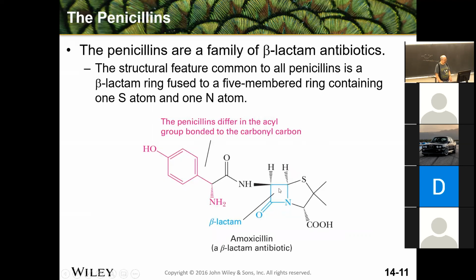And here is the beta-lactam ring. What happens here is a 4-membered ring is under strain. This carbonyl is electrophilic, so amino groups on the bacterial proteins will attack this carbonyl group, open up the ring, and this deactivates the enzyme that is used to synthesize bacterial cell walls.